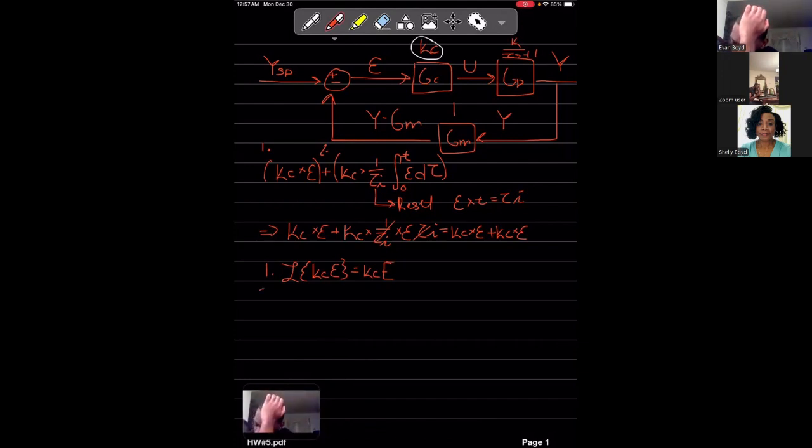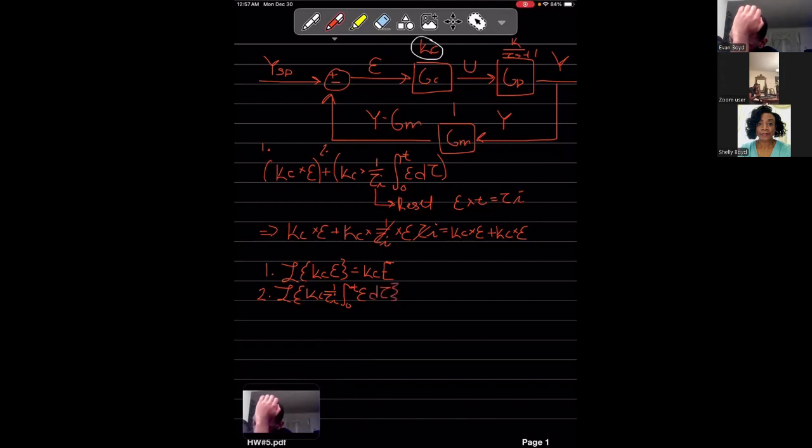Then for the second part, you'll have the Laplace of Kc times 1 over tau I times the integral from 0 to time of the error times d tau.